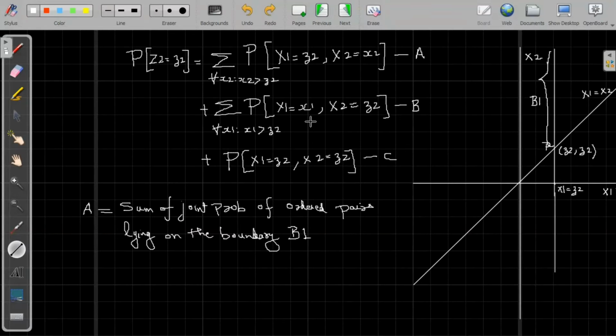So similarly for expression B, we can see that it is the sum of all the joint probabilities of ordered pairs such that the ordered pair lies on the x2 is equal to z2 line and satisfies the condition x1 is greater than z2. So let's see what kind of ordered pairs will satisfy these two conditions.